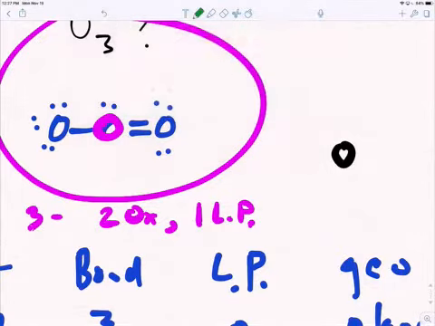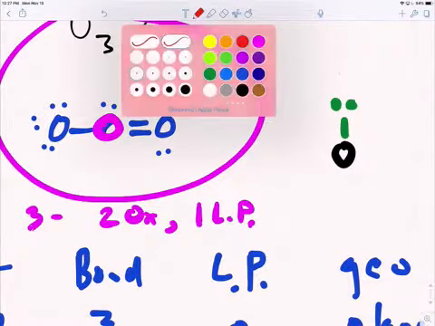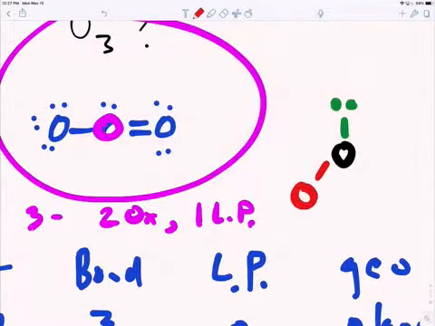So this oxygen sees a lone pair, and it sees a bonded oxygen and another bonded oxygen. It doesn't matter if it's a single or double bond. It just matters that there's a group there, an atom there.